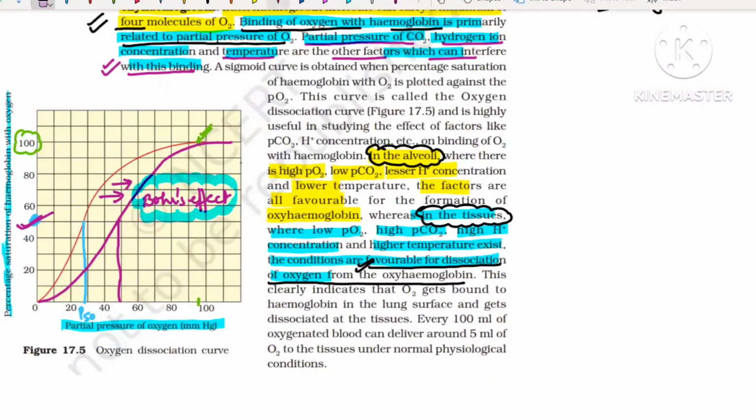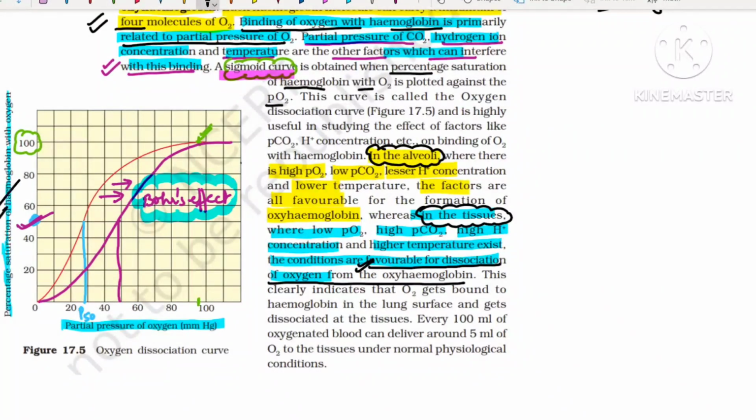Now see, this type of curve is a sigmoid curve we will obtain. I'm highlighting it with the pink color. Please focus. A sigmoid curve is obtained when you are plotting percentage saturation of hemoglobin with oxygen against partial pressure of oxygen.